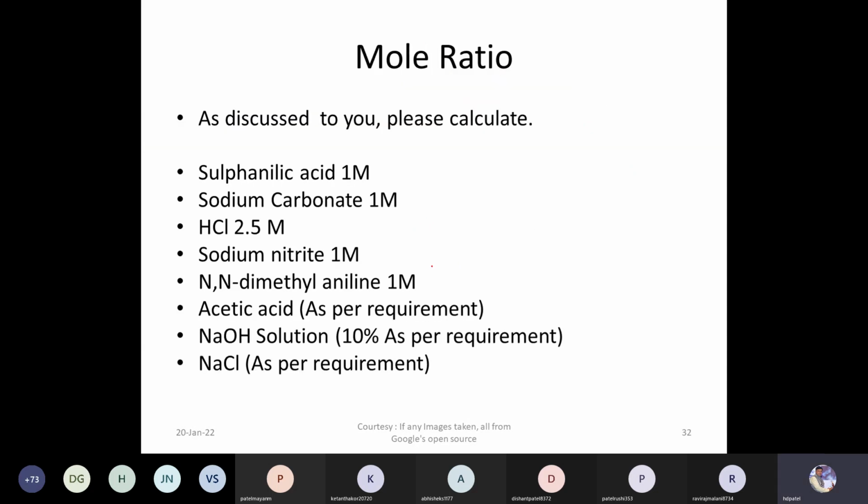The mole ratio I have already discussed in the previous two preparations, so I'm not going to discuss it again, but as per the calculation, what we require is 1 mole of sulfanilic acid, 1 mole of sodium carbonate and 2.5 mole of HCl. Now as per the calculation we require 1 mole, but if you go through the reaction mechanism carefully, it requires 2 mole of HCl, not 1 mole.